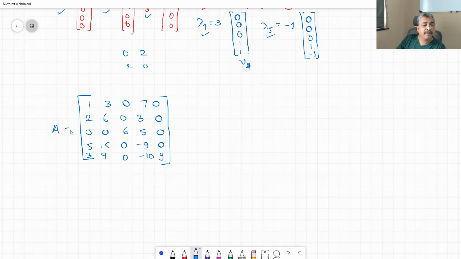This is our A. Find all 5 eigenvalues and 4 eigenvectors.